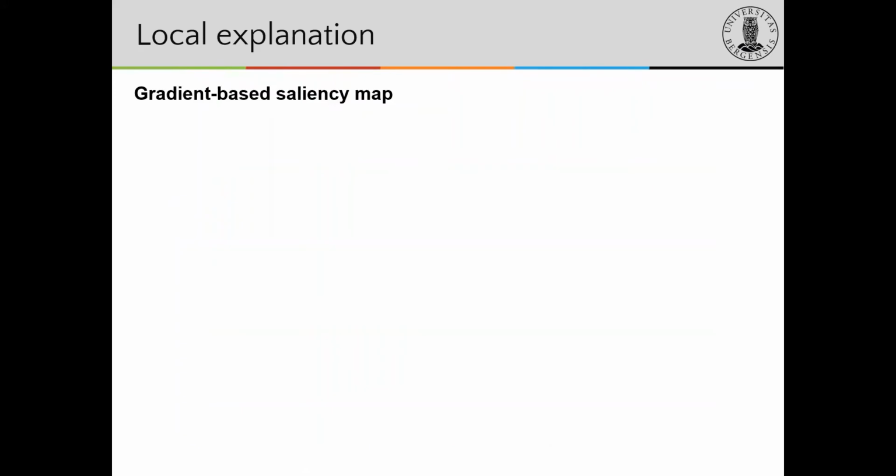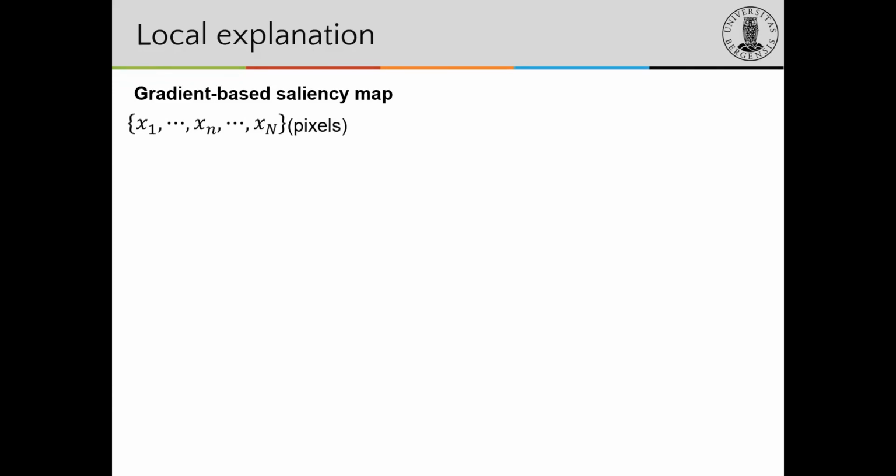Next, I want to introduce another way to do local explanation, which is called the gradient-based salience map. I'm still talking about the example of image classification.